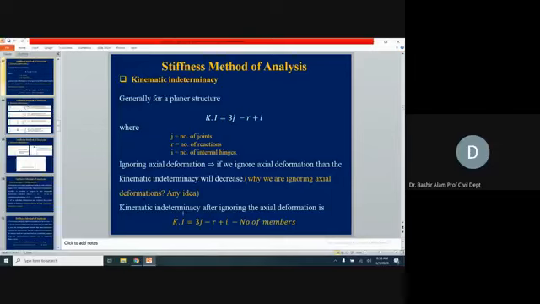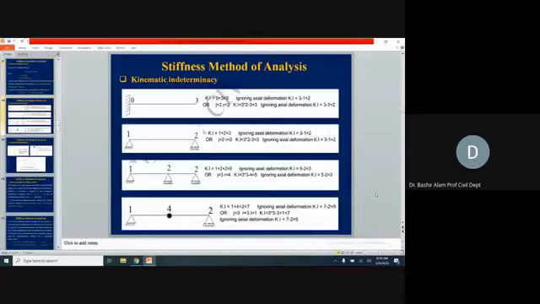Now, the kinematic indeterminacy after ignoring the axial deformation is 3j minus r plus i, which is coming from this top equation, and minus the number of members. Now, with the examples we will move on and go through these equations, and by observation also we will do it.